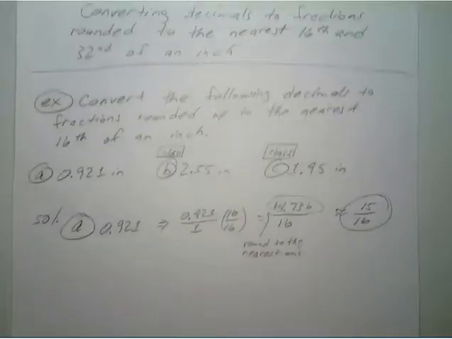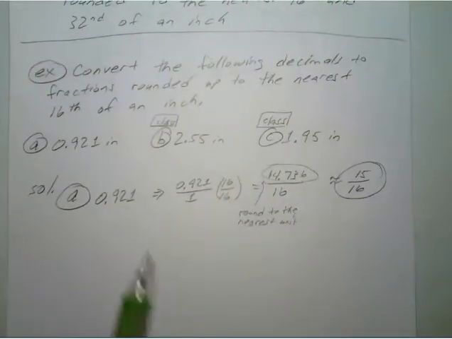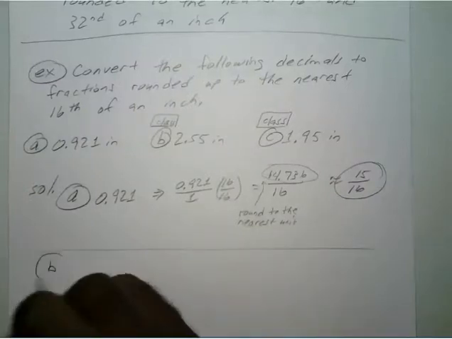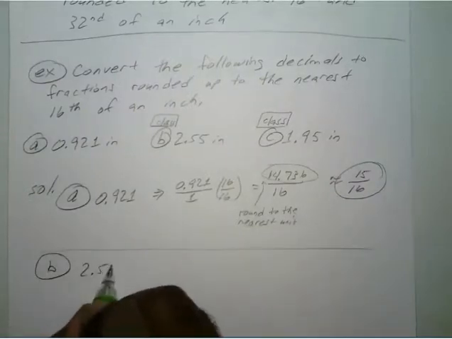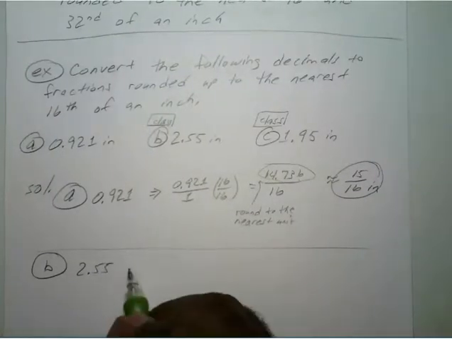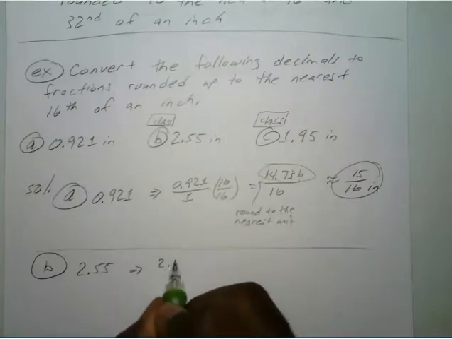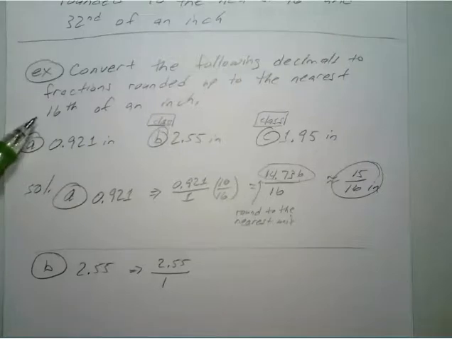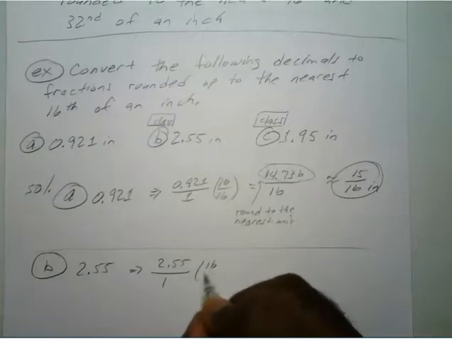So what I want you to do is press pause and try B and C on your own. I'm assuming you've already pressed pause, so let's verify. For problem B, we have 2.55 inches, which is 2.55 over 1. Again, we want it to the nearest 16th, so we multiply by 16 over 16.